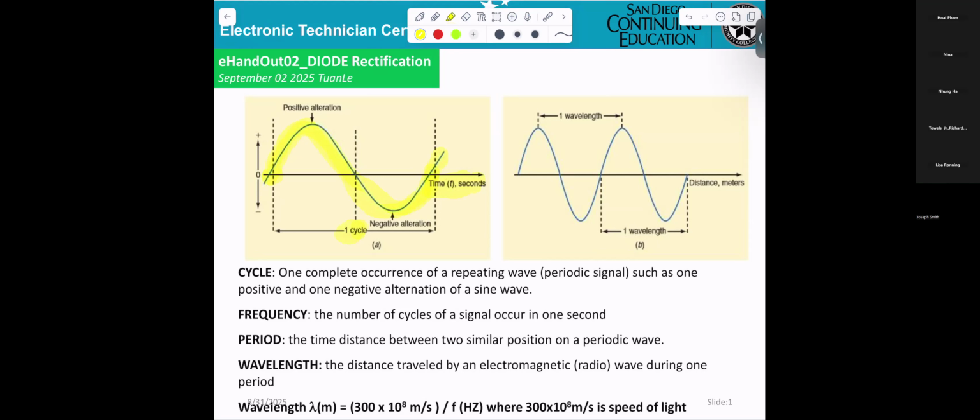And we already talked about that. And another one, if you're looking at also the signal, however, the domain will be distance. And that will be one wavelength.